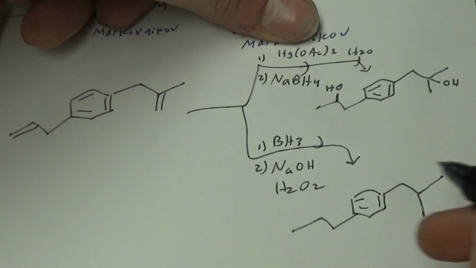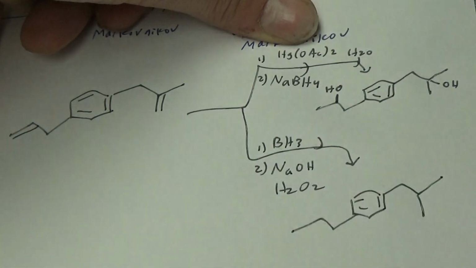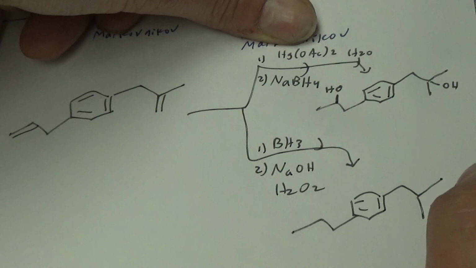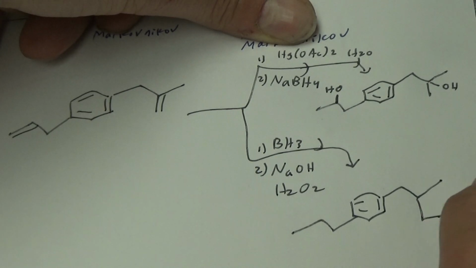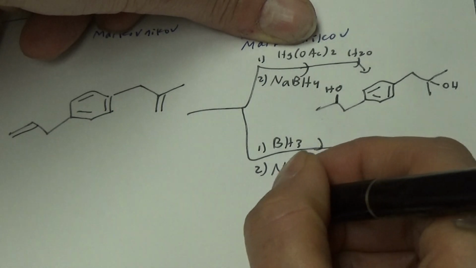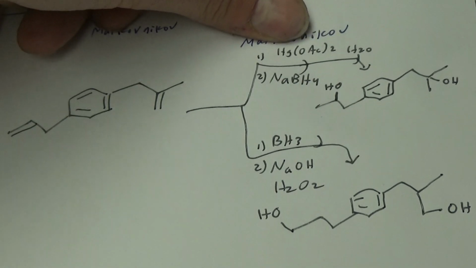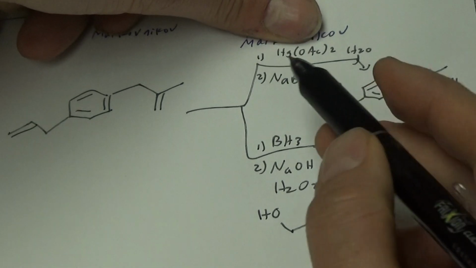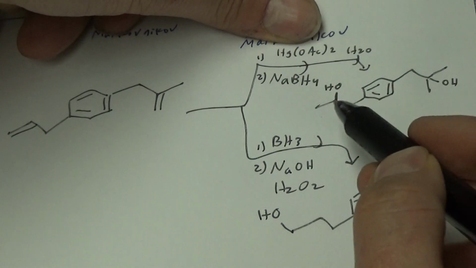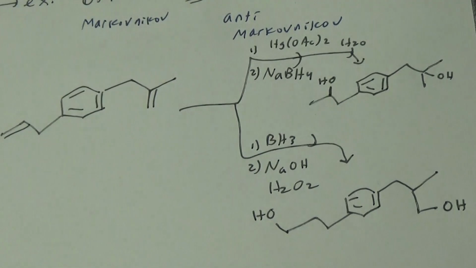There's the carbon skeleton. So, carbon skeleton's good. Hydroboration oxidation, least substituted, and least substituted. See what we did? That's a good comparison of the two methods. The mercury one is Markovnikov, the boron one is anti-Markovnikov.